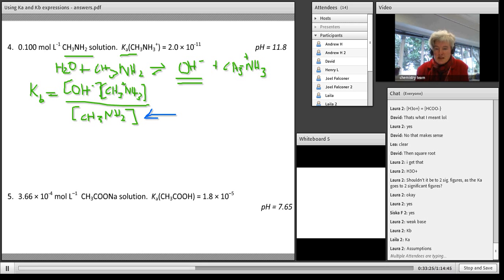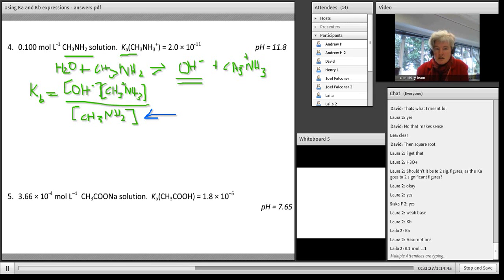My methyl amine, 0.1 mole per liter, and I can assume that because it's a very weak base, so very little will dissociate, so most of it will simply stay in solution.